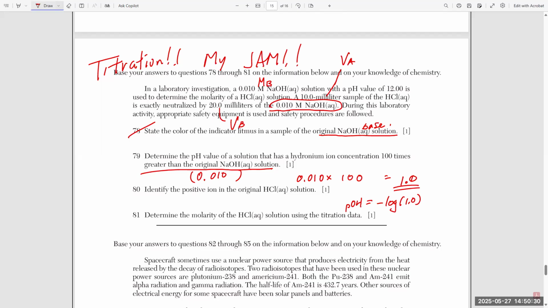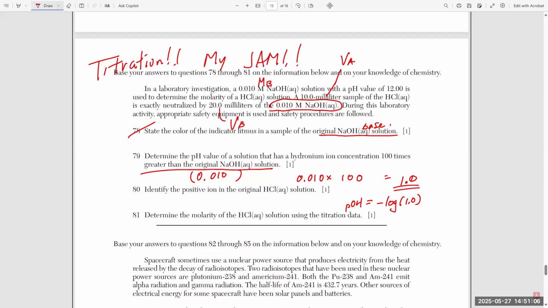And what is that? I have a calculator right here. Well, there really isn't much, is there? Because negative log of 1 is 0, right? So what are we talking about? Oh, so we have to be careful with this, guys.